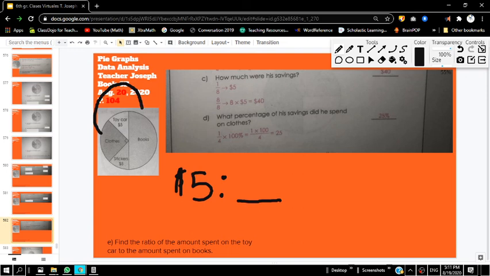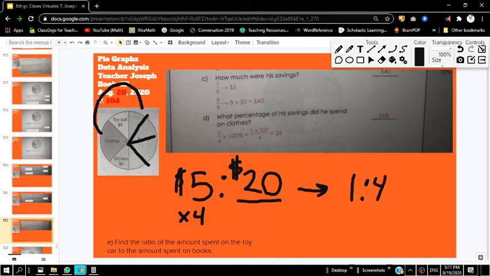Let's see, we have 1, 2, 3, 4 times the amount. Okay, so 5 times 4 is going to give us $20. All right, so the ratio would be 5 to 20, which we can simplify to 1 to 4. That is the ratio of the amount of toys to the amount spent on books.